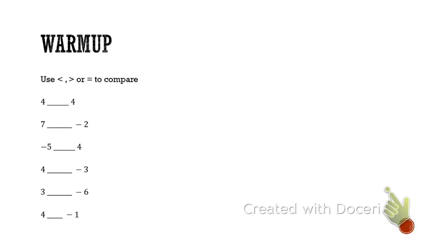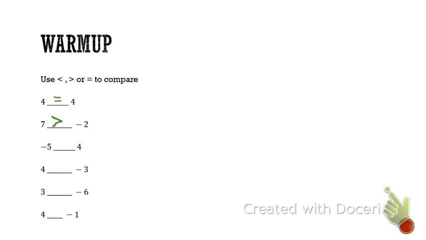All right, so you really could probably just pause it here and answer all of these before I even explain them, right? So 4 and 4 equals, right? Yeah, they're the same value. 7, is that greater than or less than -2? All right, you should say greater than. Now, just as a review, greater than opens up, the mouth opens towards the bigger number.